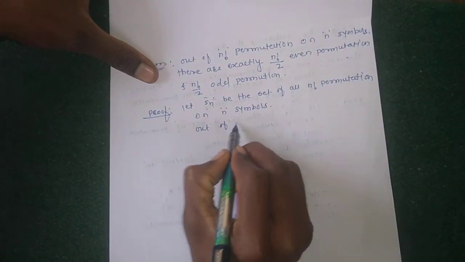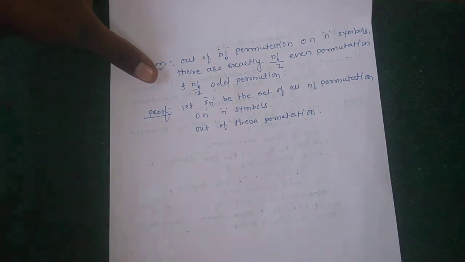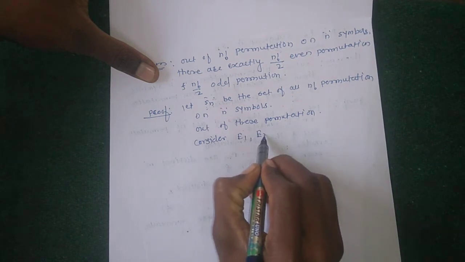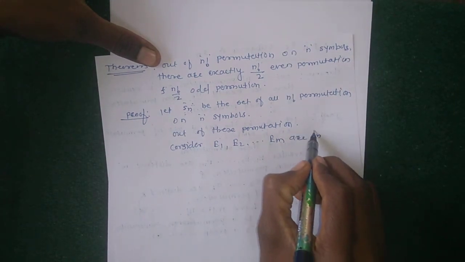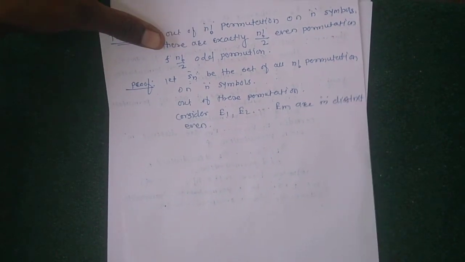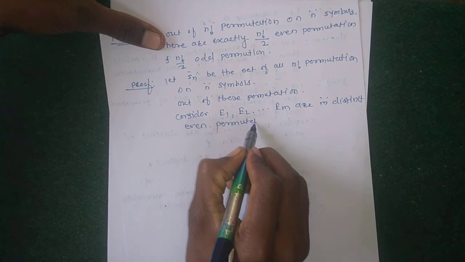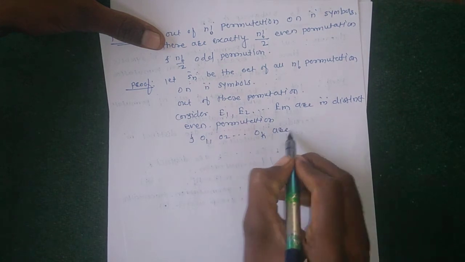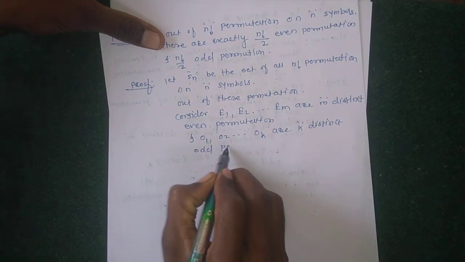Out of these permutations, suppose e1, e2, up to em are m distinct even permutations, and o1, o2, up to ok are k distinct odd permutations.